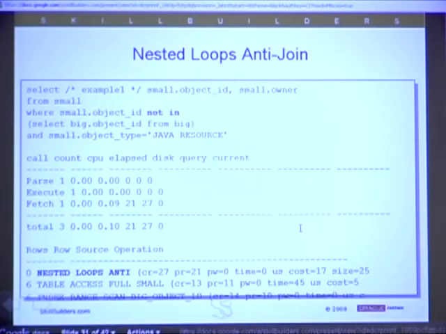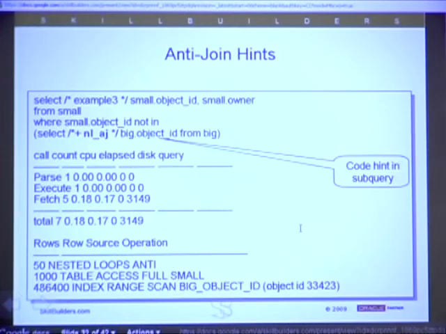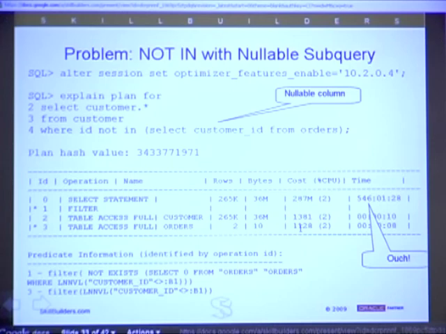If you have a NOT IN predicate or a NOT IN filter, you'll see nested loops anti. And it just probes the index on the inner table to see if there are any matches, and returns the rows where there are obviously no matches. But the problem is with nullable subqueries.